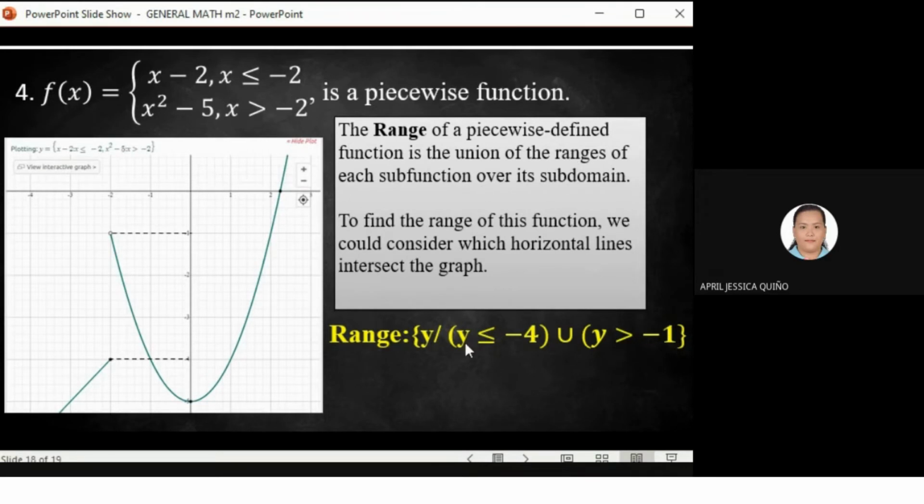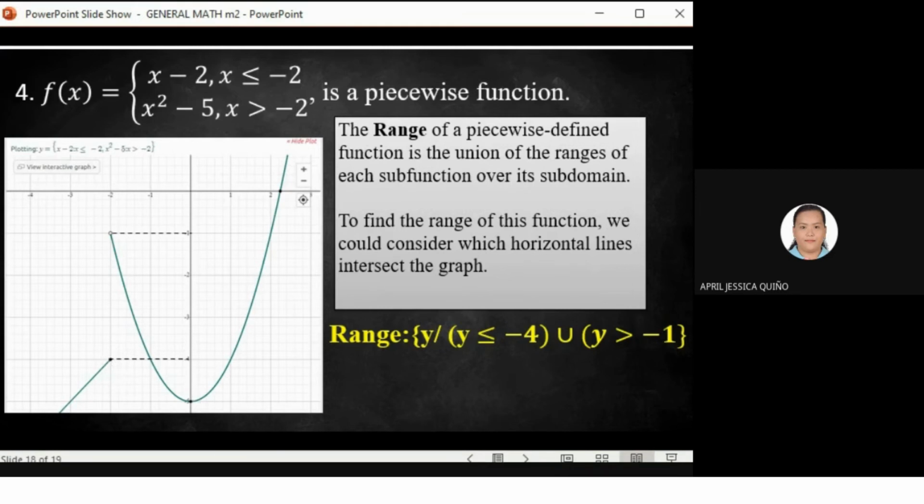So, bakit less than or equal ang ginamit natin dito sa y is less than or equal to negative 4? It's because as you can see dito sa first function natin, we are having a solid point here. Kapag solid siya or shaded, it means that that point is actually part of the solution. Since the function is going downward, we can tell that y should be less than or equal to negative 4.